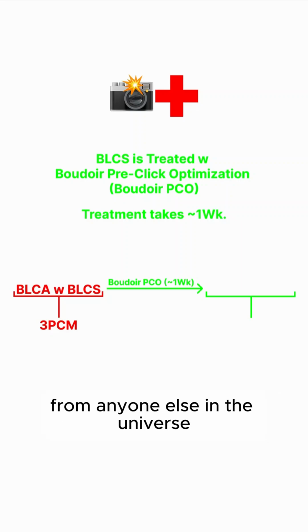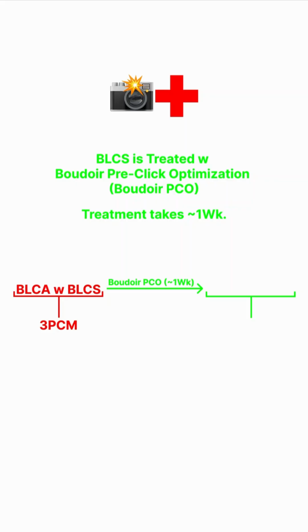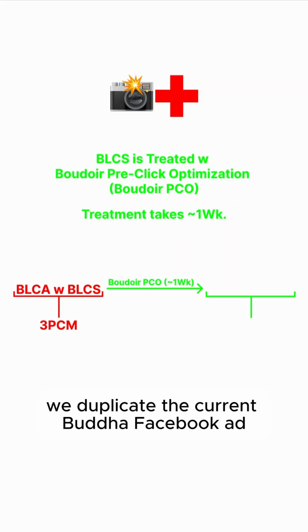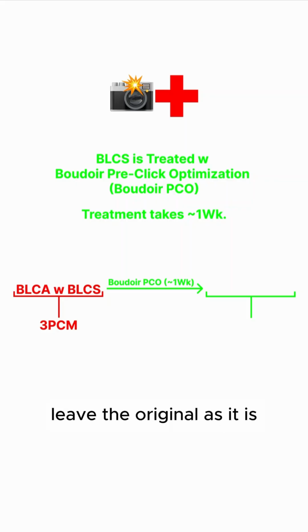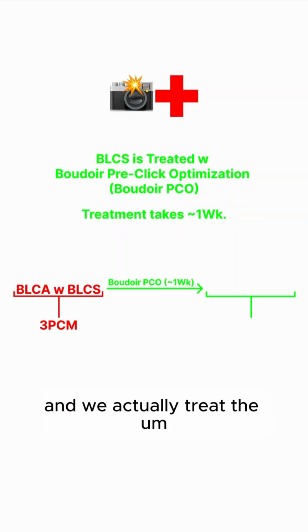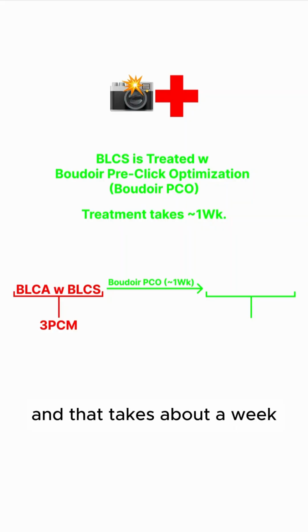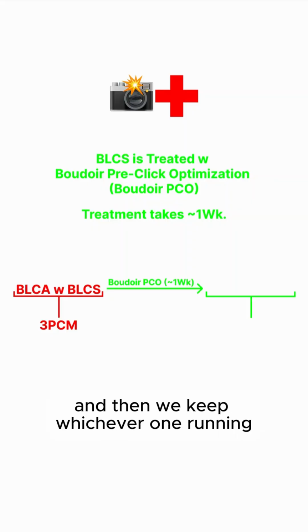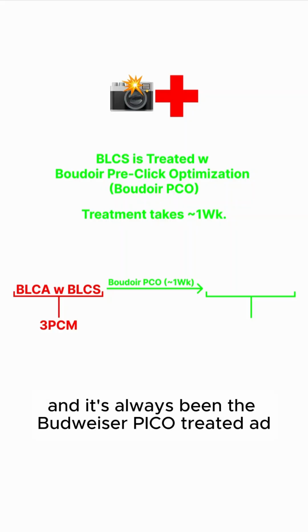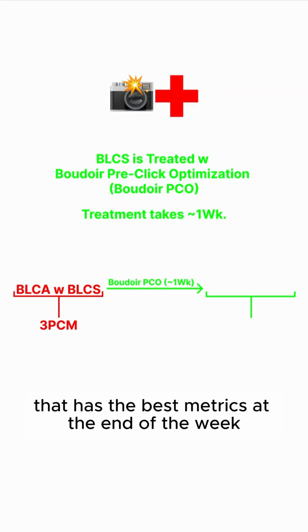Can't get this anywhere else from anyone else in the universe. And what we do is we duplicate the current boudoir Facebook ad, leave the original as it is, and we treat the duplicated boudoir Facebook ad, and that takes about a week, and then we keep whichever one has the best metrics running. And it's always been the boudoir Pico treated ad that has the best metrics at the end of a week.